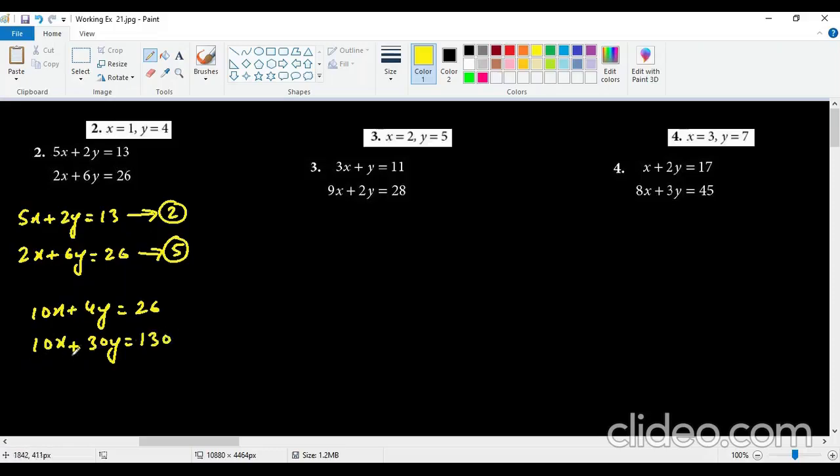Now again I will make a straight line to subtract these two, and I will change the signs. Plus 10 becomes a negative 10, plus 30 becomes a negative 30, and plus 130 becomes a negative 130.